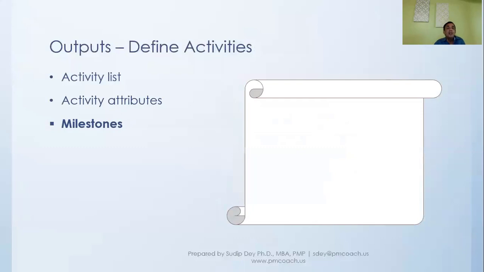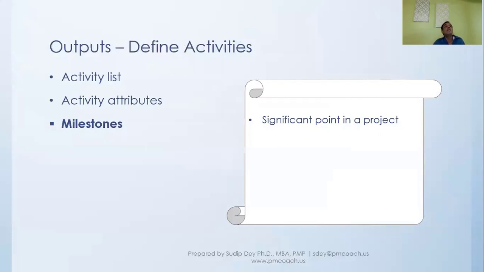And then finally, we'll talk about the milestones. A milestone is generally a significant point in a project. When we reach that point, maybe we'll take some action or something will happen.